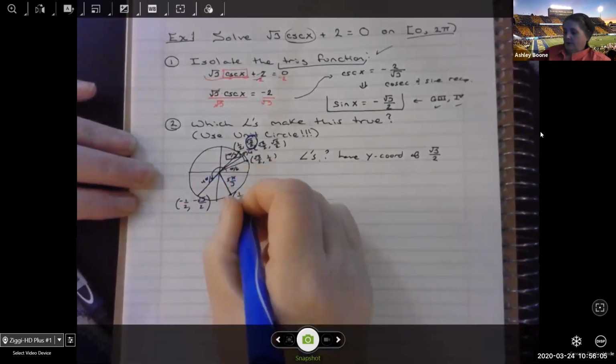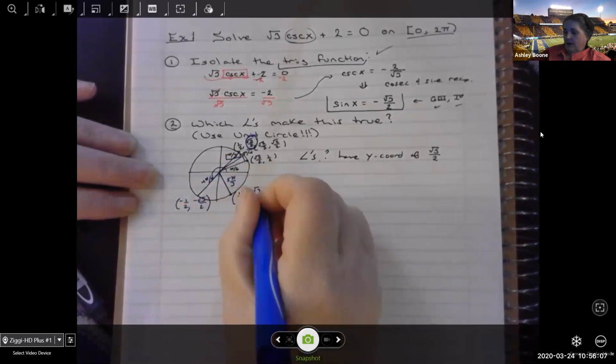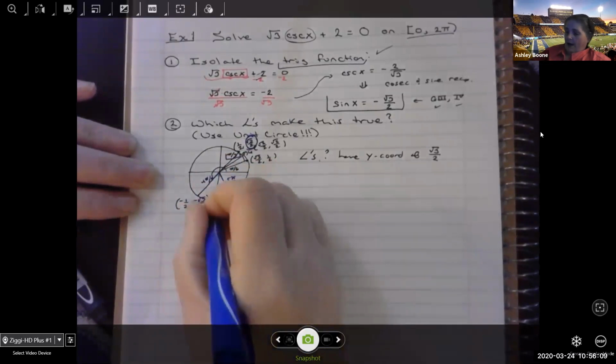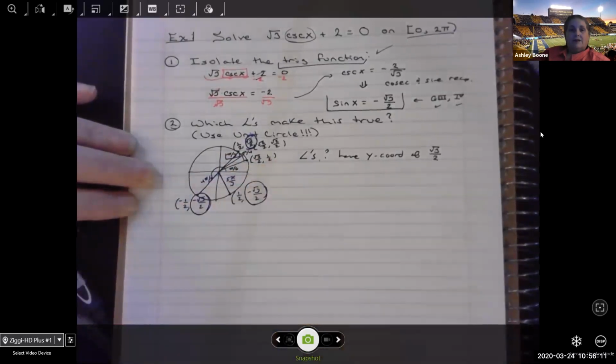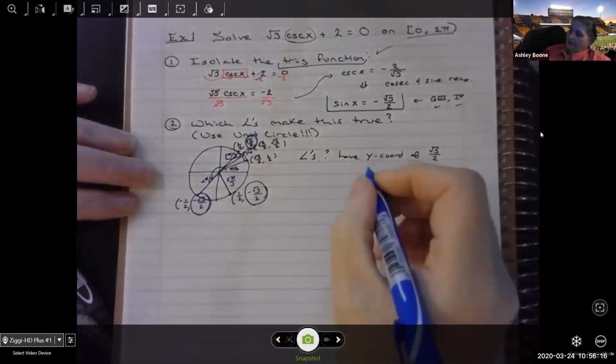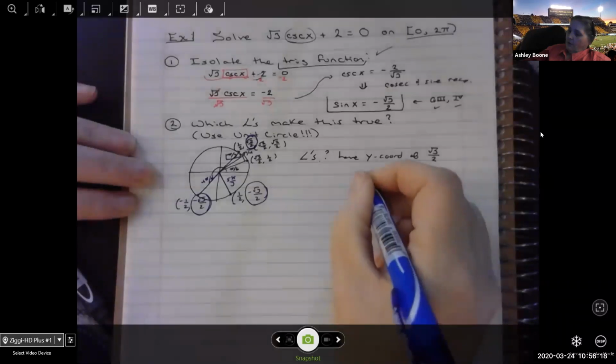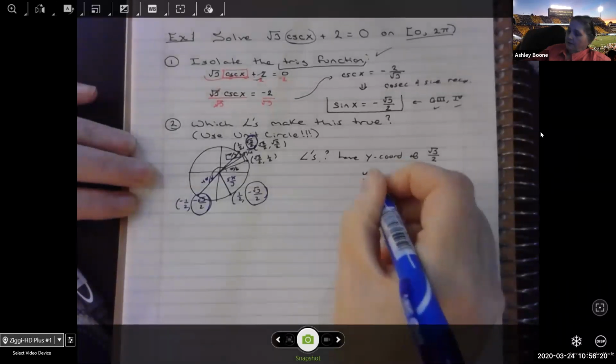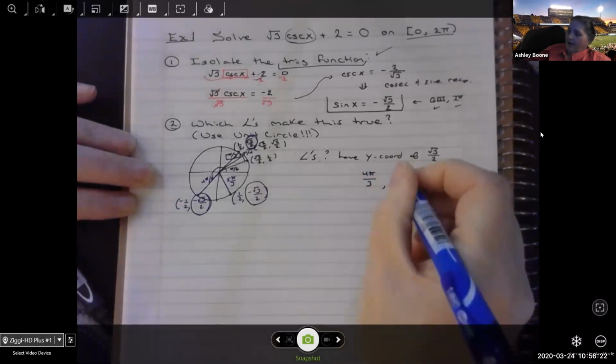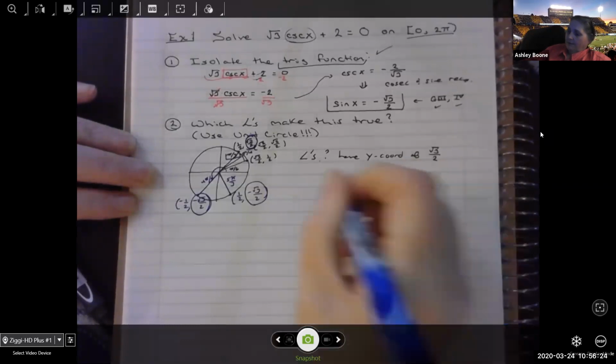This is +1/2 and -√3 over 2. Our y coordinates are both -√3 over 2. So our angles are 4 pi over 3 and 5 pi over 3.